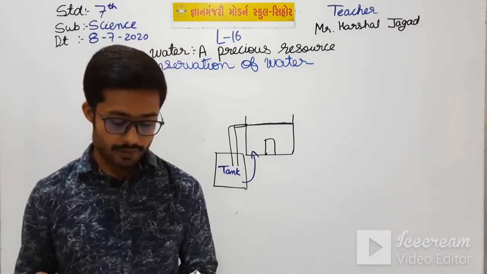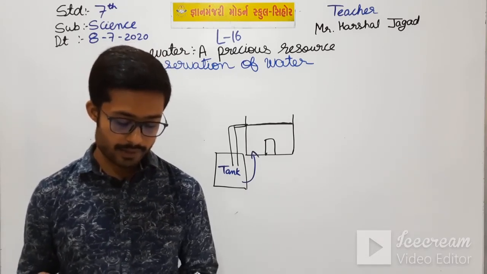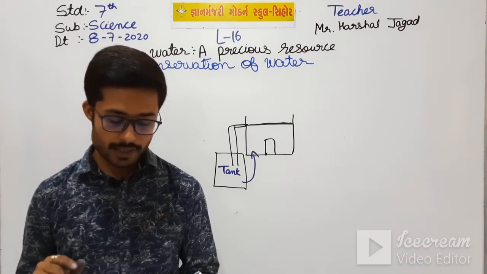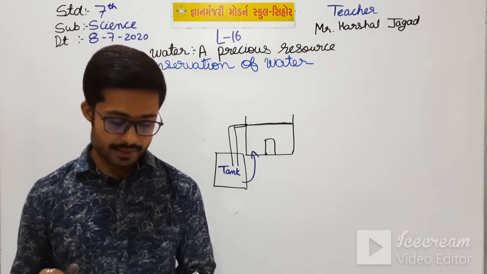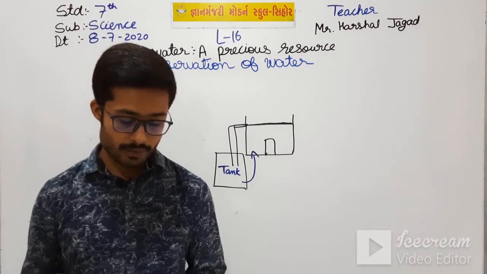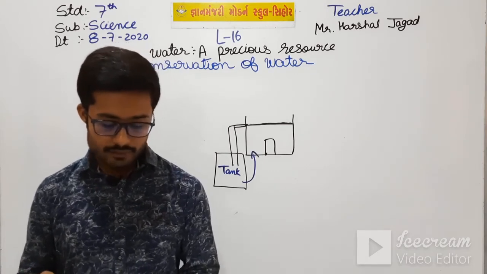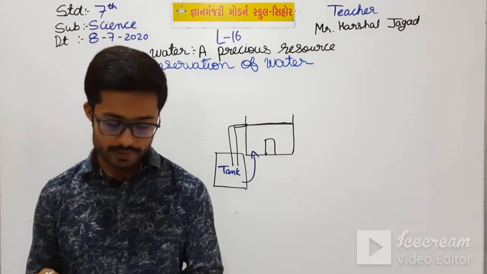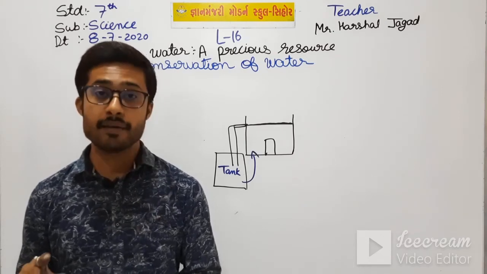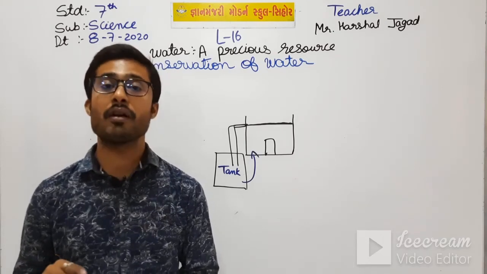Rainwater harvesting refers to the practice of collecting rainwater during the monsoon season on the roof of the house and storing it in underground tanks for later use for the rest of the year. This water can be used for almost all domestic purposes. It can also be boiled and filtered for drinking.